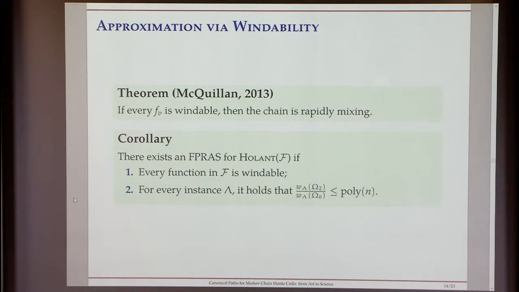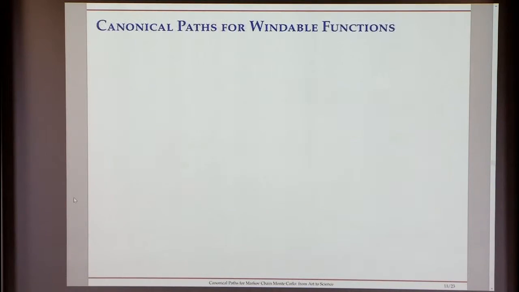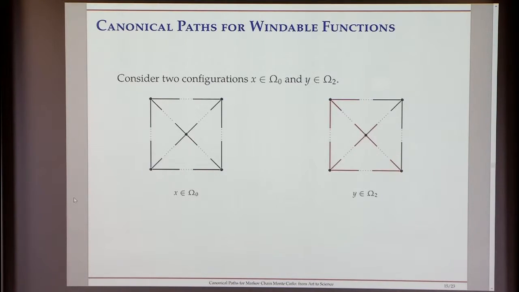So in order to analyze this Markov chain, we have to look at the canonical paths defined for this chain and these windable functions. So suppose we now have two configurations. The first is from omega 0 and the second is from omega 2.